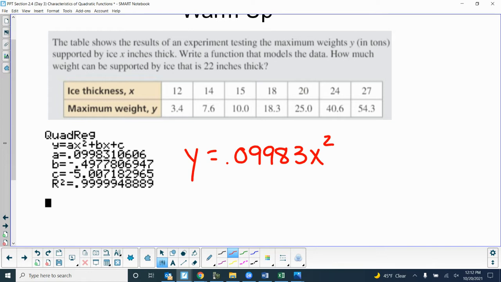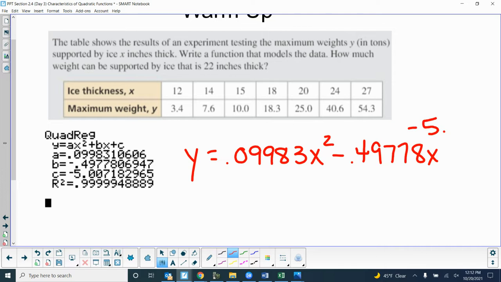For the second one, for the B, I'm going to go 49778, and it's negative. That's your X, or that's your B value. And then C, I'm going to go down to like 5 decimal places. I'm going to run out of room, so I'll just put it up here.